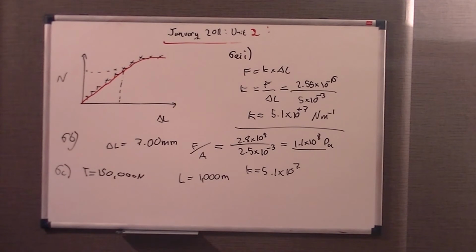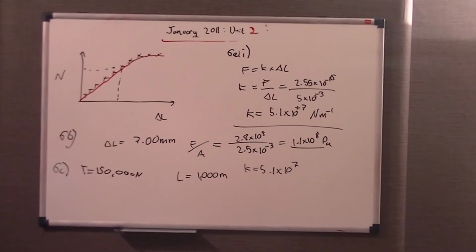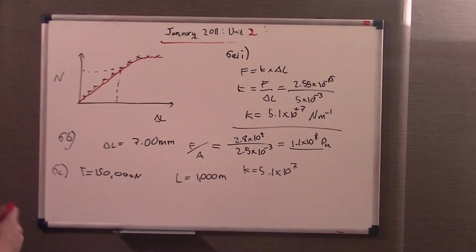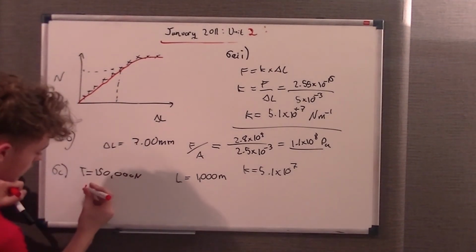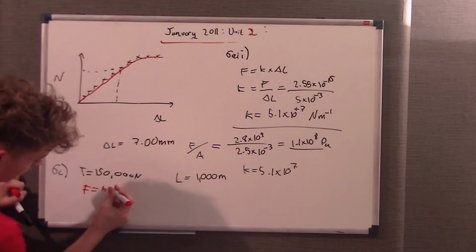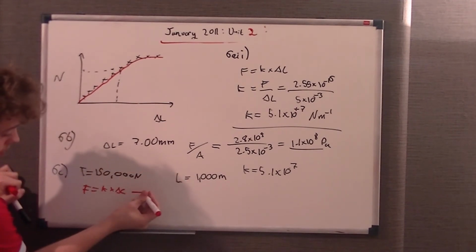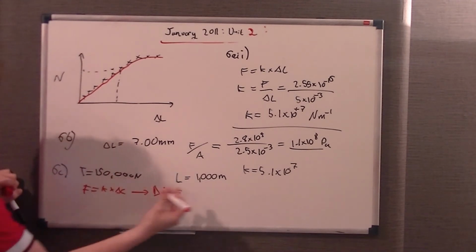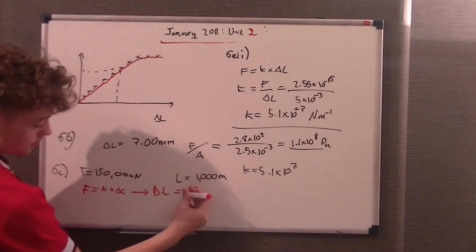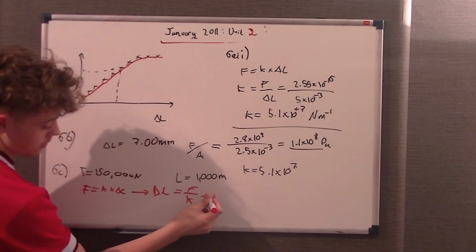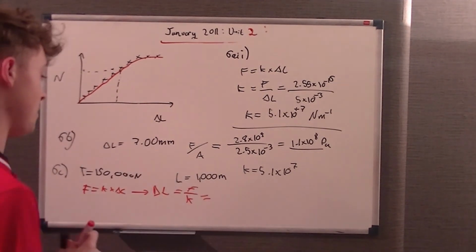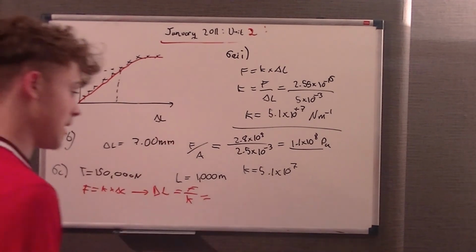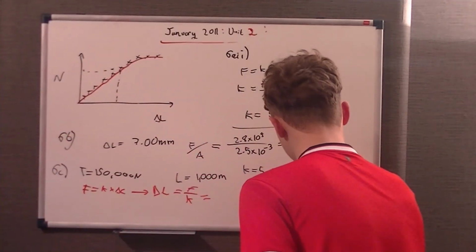Sorry, I think I might be running out of time. Right, I've got another 2 minutes, we can get this done. So that's our K, so we just plug in our numbers. F equals K times delta L, so delta L is F over K. I'm doing it in different colours so it's easier to see. Plugging in, it's 150,000 newtons over 5.1 times 10 to the 7 newtons per metre.